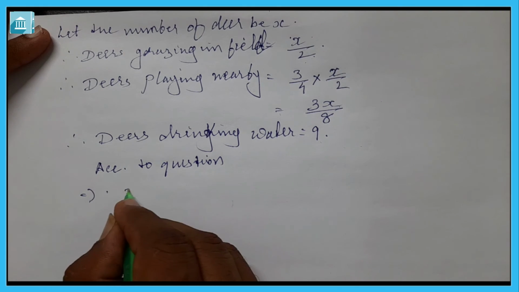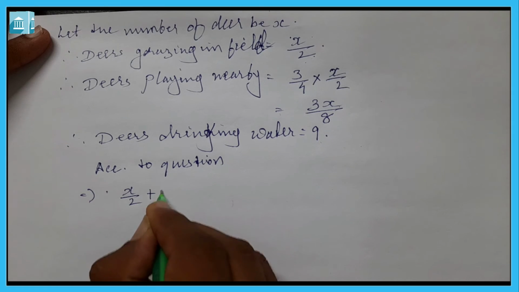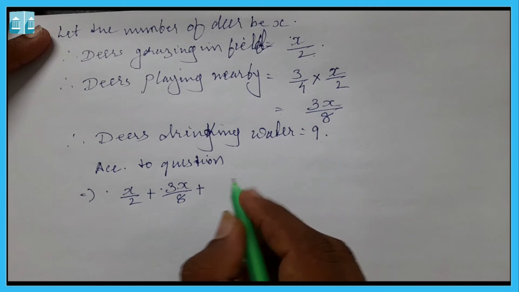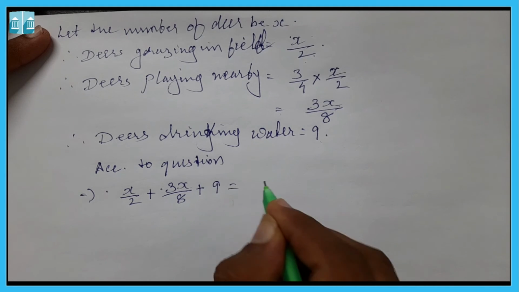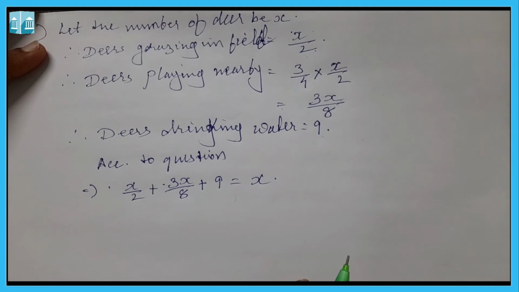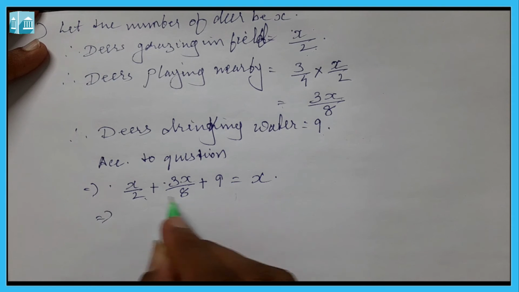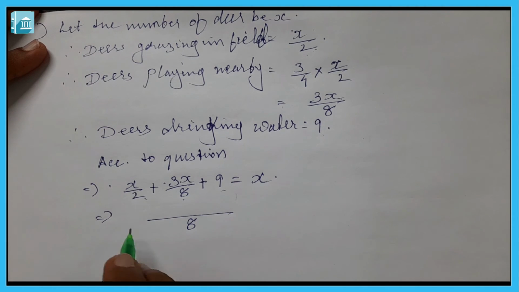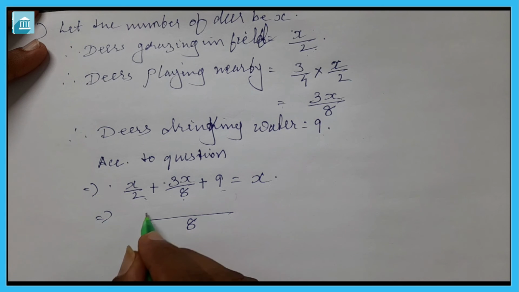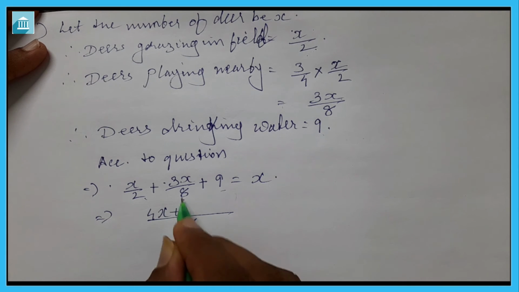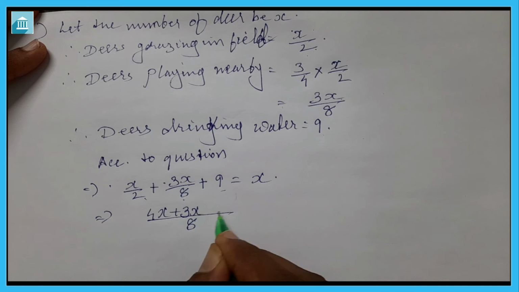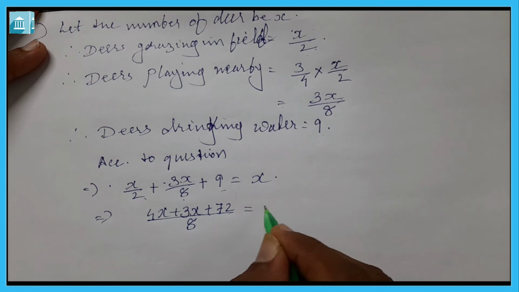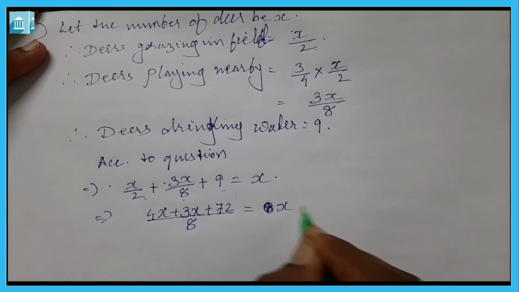We imply that x by 2 plus 3x upon 8 plus 9 is equal to x. The LCM of 2, 8 and 1 is 8. 8 divided by 2 is 4. So 4x plus 3x plus 72 is equal to 8x.